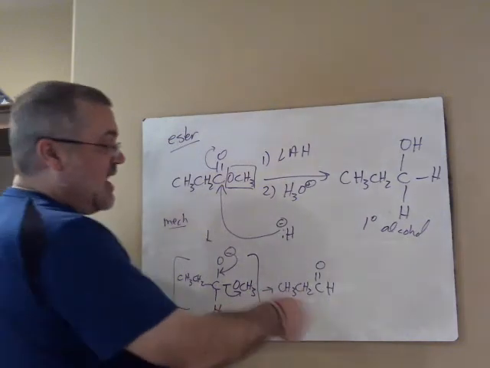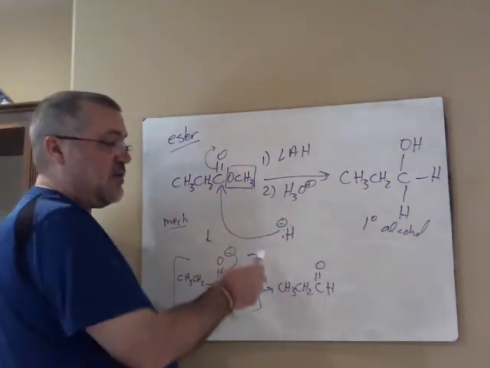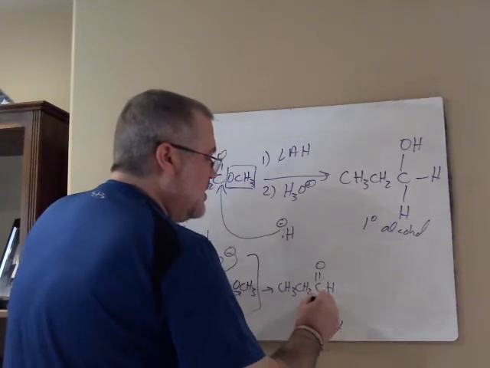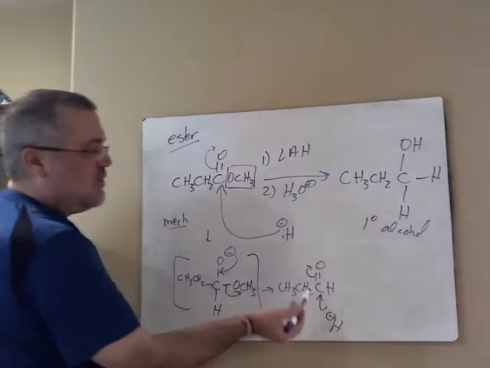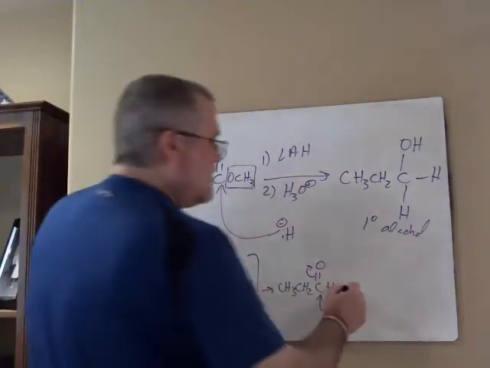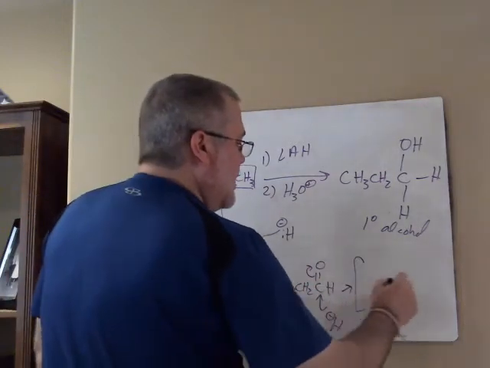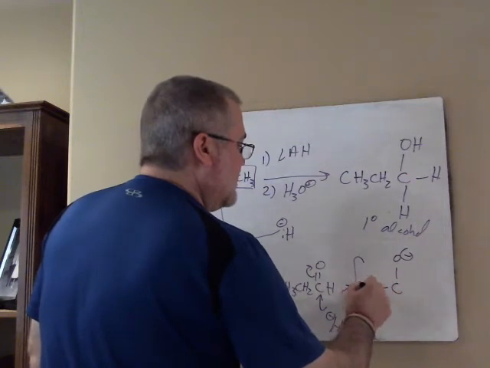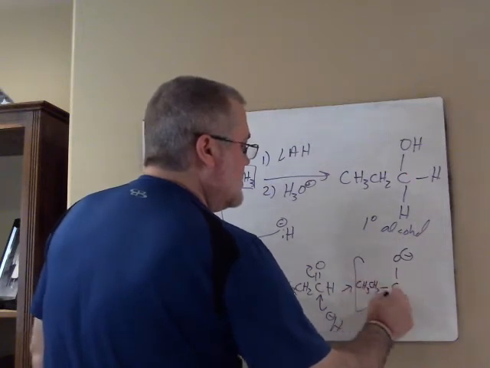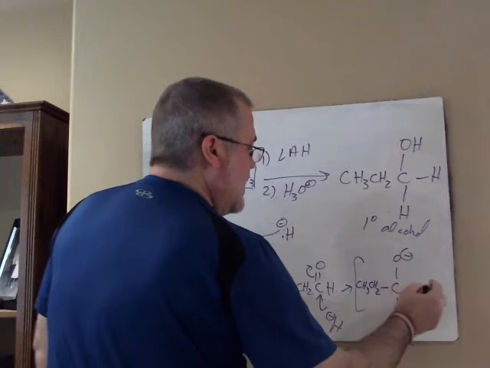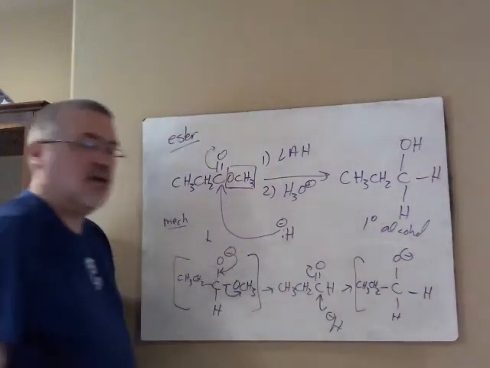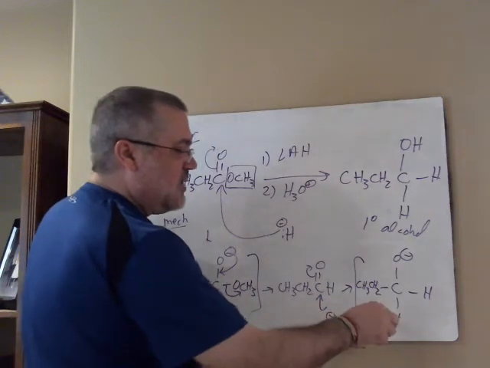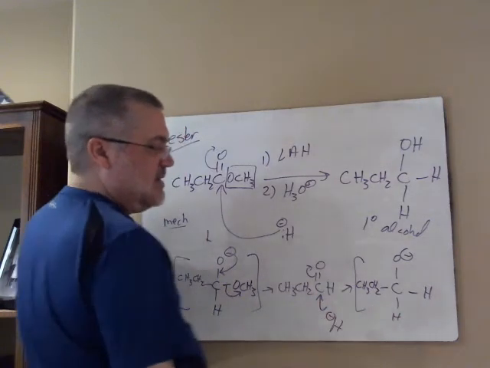But since aldehydes will also react with hydride reagents, my second equivalent of hydride comes in, reacts at the electrophilic carbon, pushing the electrons out to the O. So then I again form this same kind of tetrahedral intermediate, where now I've added two equivalents of the hydride because a second hydride equivalent has added, right?